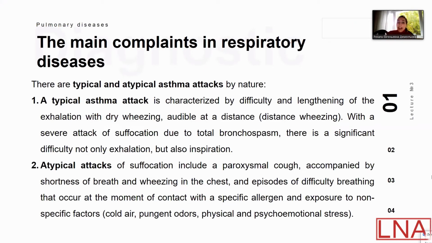So, typical and atypical. Only paroxysmal coughing, without increased duration of the exhalation phase, without some obstruction of the bronchial tree, with the possibility to exhale the full volume of air, but episodes of difficulty breathing that occur exactly at the moment of contact with any type of allergen.